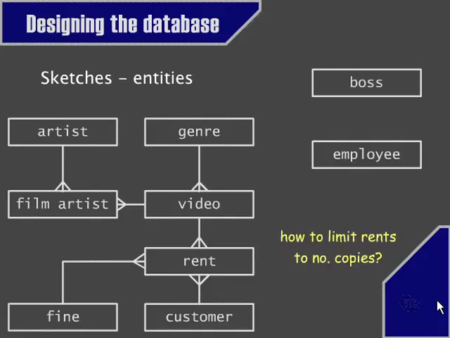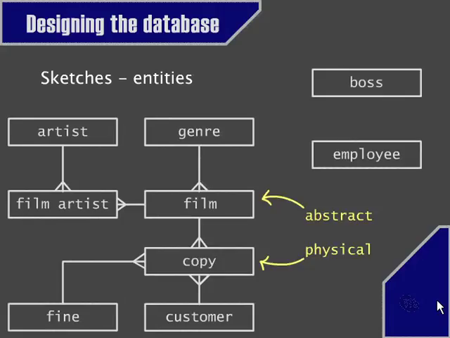A better way would be to remove the video entity altogether and the rents entity, and to replace those with a film entity and a copy entity.